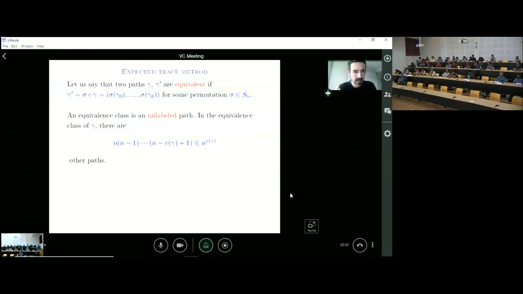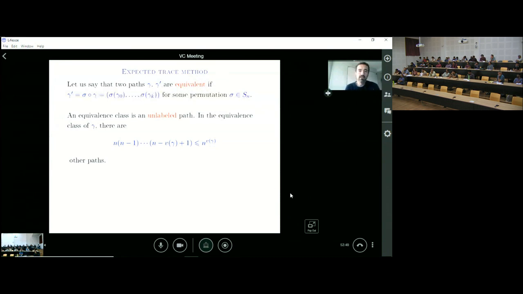In combinatorics, an equivalence class is called an unlabeled path. You just forget the value of the indices in your path. The values of the indices were integers between 1 and n, but you discard this information. So what you get is a path where the vertices are not labeled. So it is called an unlabeled path.